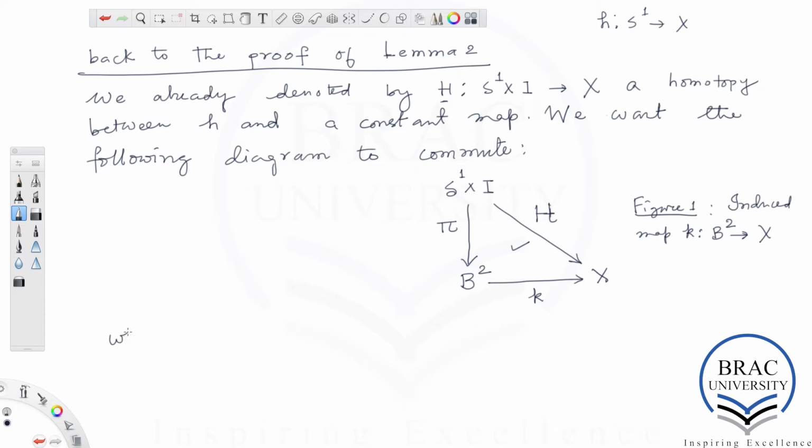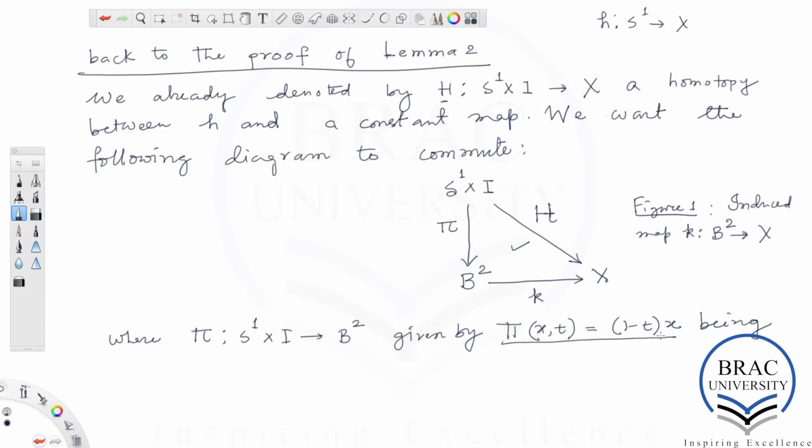So pi from S1 cross I to B2 is given by pi of (x, t) equal to (1 minus t) times x, this map being surjective, continuous (a projection map is always continuous, right?), and closed.